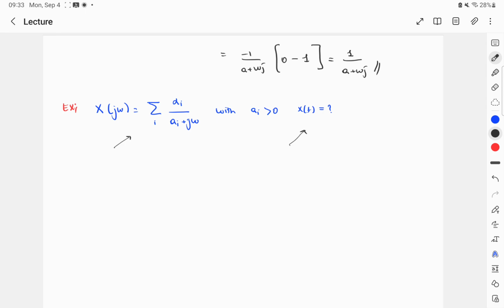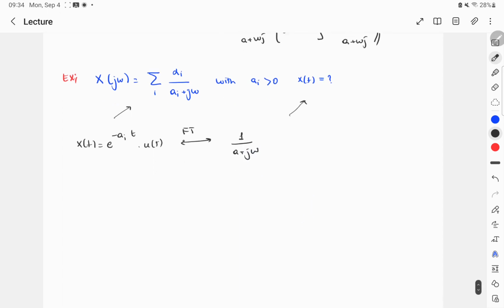In the previous question we actually figured out that if our function is e to the power of minus a, any constant, let me write it as a subscript i, times u(t), then the Fourier transform of it is given as 1 over a plus jw, right?